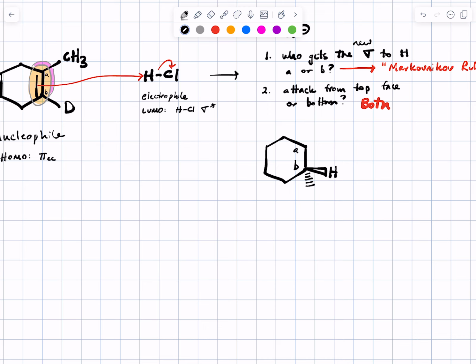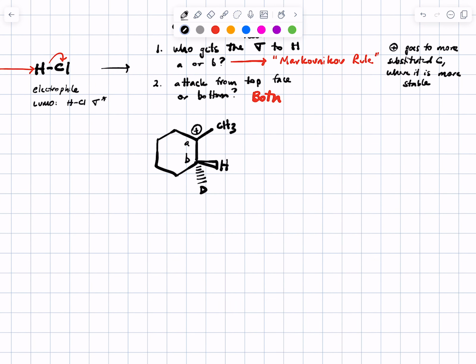Because hydrogen is a wedge, deuterium has to be a dash. By the way, this is why I chose deuterium, so you could tell that the hydrogen was added from the top face. The other carbon should be planar sp2 hybridized carbocation.